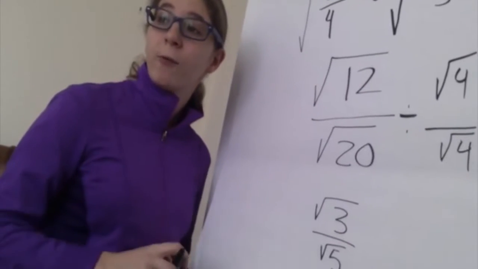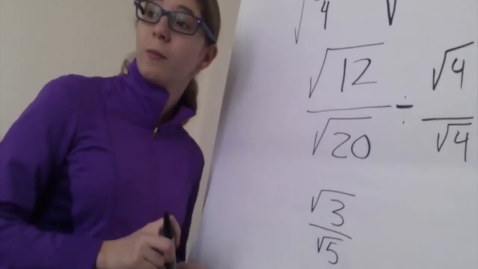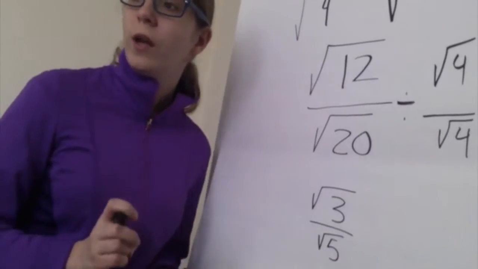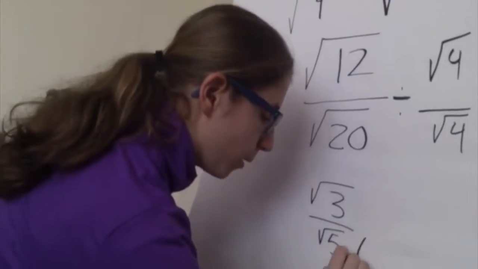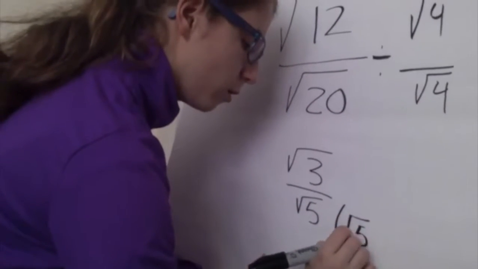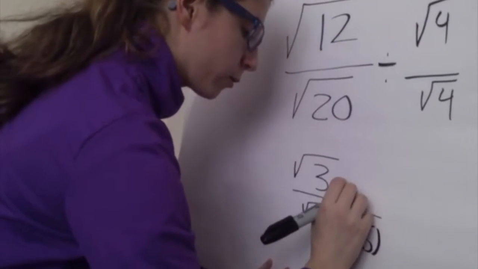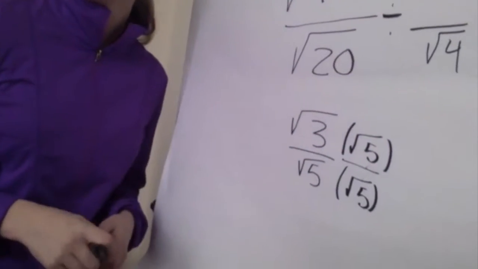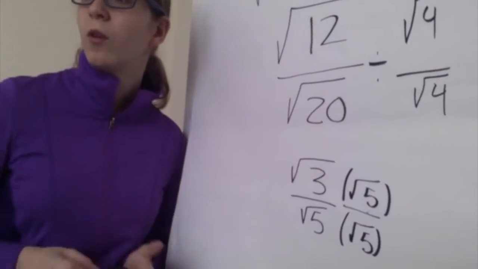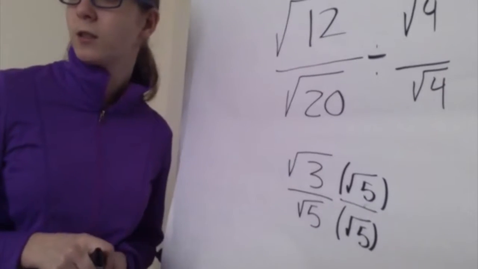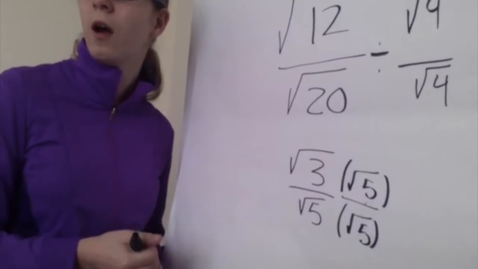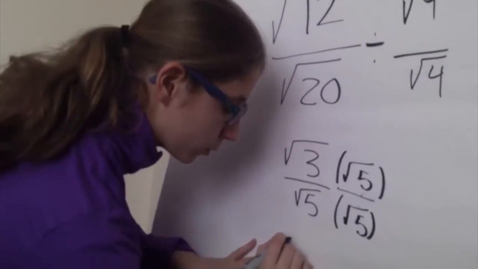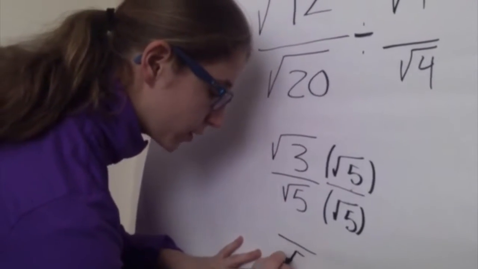But we cannot have the radical in the denominator, so we have to rationalize the denominator. We multiply the fraction by radical 5 over radical 5. The product property of square roots tells us that a radical times itself is the number without the radical.